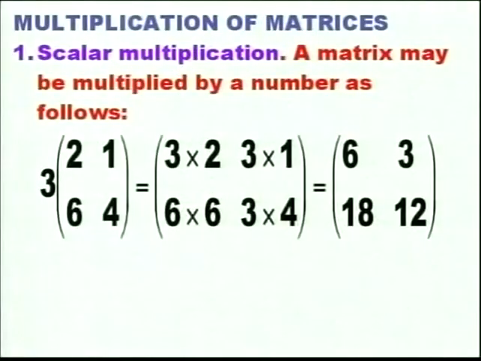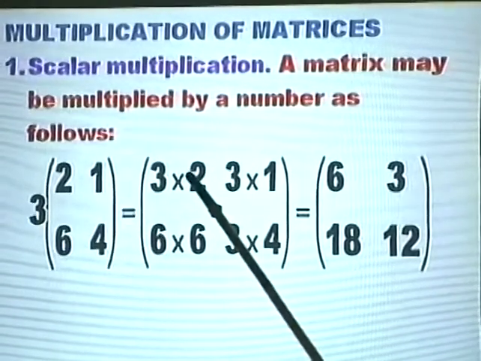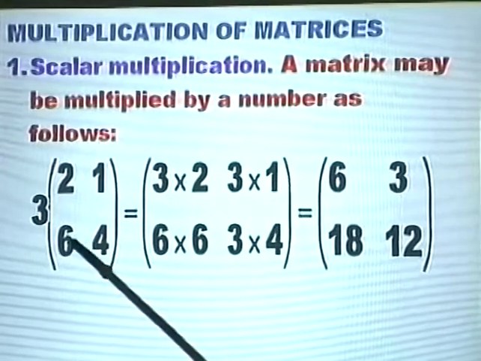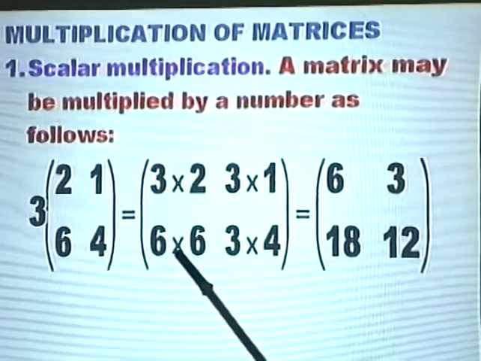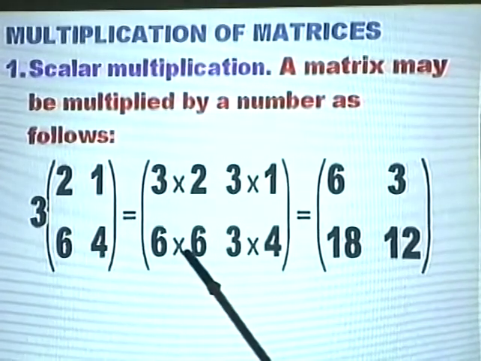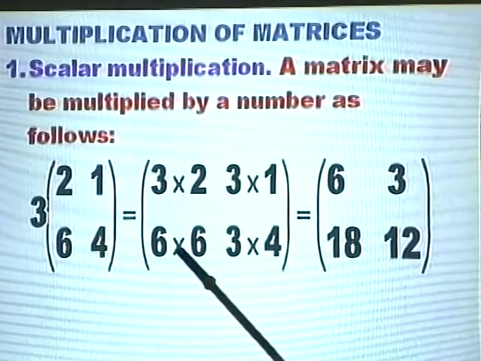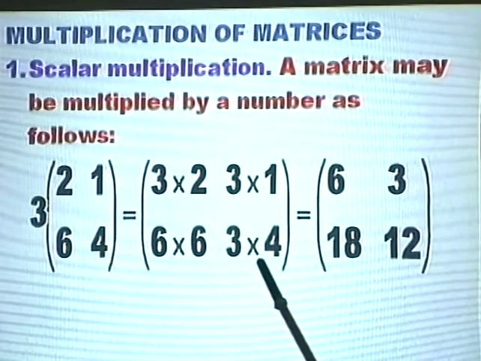Multiplication of matrices. The first type is called scalar multiplication, where a matrix may be multiplied by a number as follows. So have a look at the screen. You've got 3 multiplied by the matrix 2, 1, 6, 4. That's equal to 3 times 2, 3 times 1, 3 times 6, not 6 times 6, mistake there, and then 3 times 4.